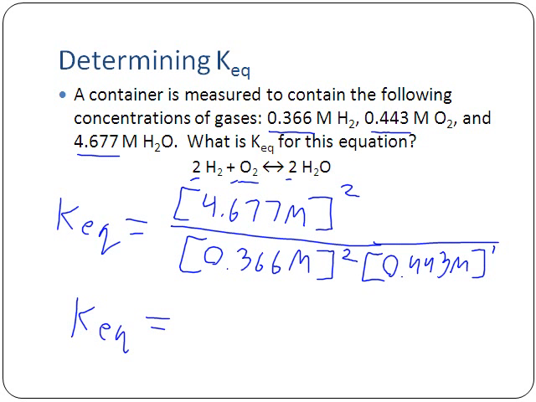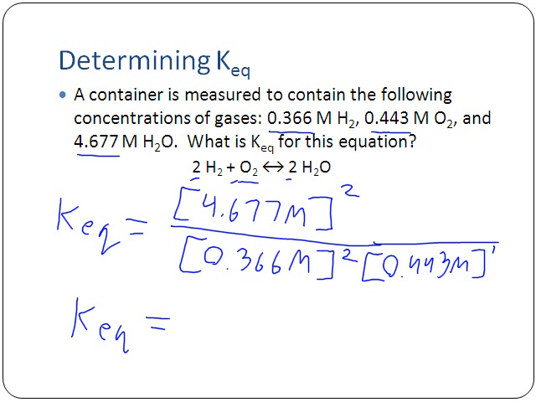all we really do is get out your calculators now, and you would say 4.677 squared, because that's what's on top, divided by 0.366 squared, and then divided by 0.443 to the first, which is just 0.443.